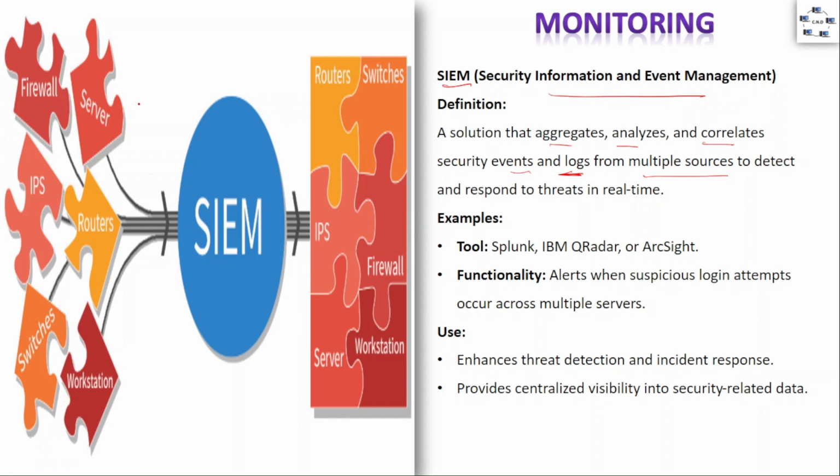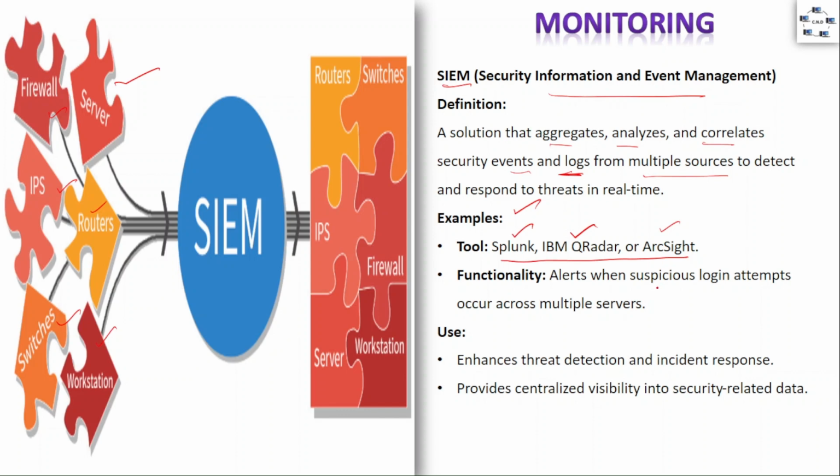So the SIEM collects logs from multiple devices such as servers, firewalls, IPS systems, routers, switches, workstations, end user devices, etc., and then aggregates and correlates them. Some popular examples of SIEM are Splunk, IBM QRadar, or ArcSight. So these are the most popular SIEM solutions.